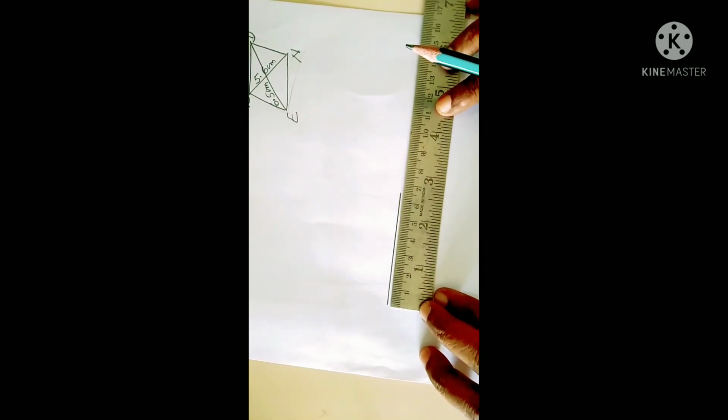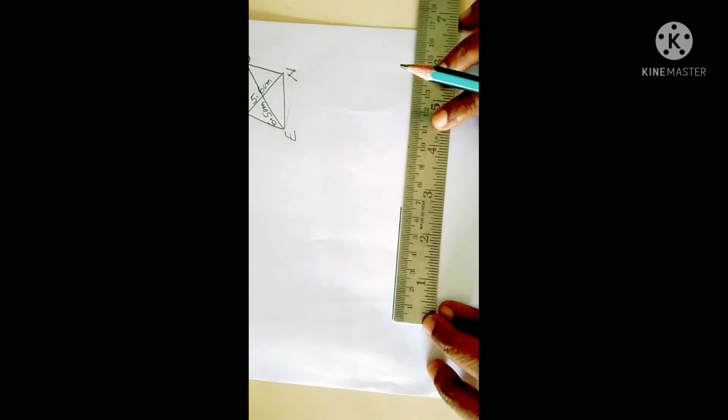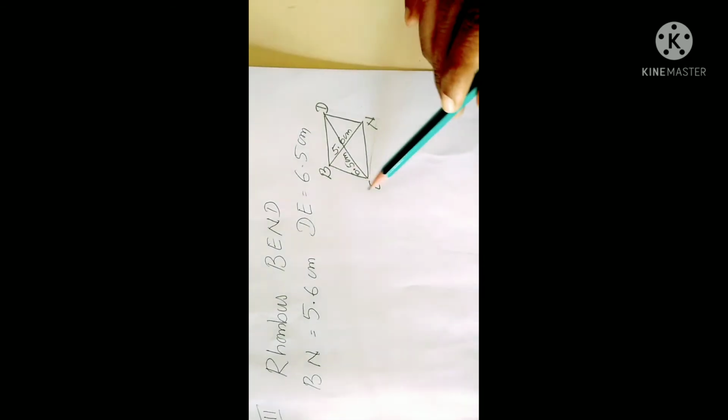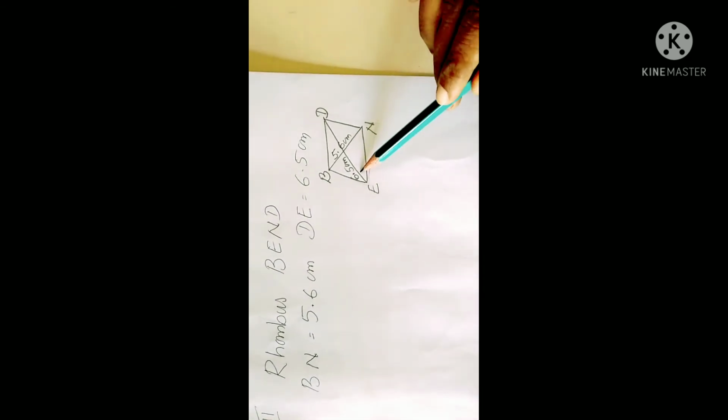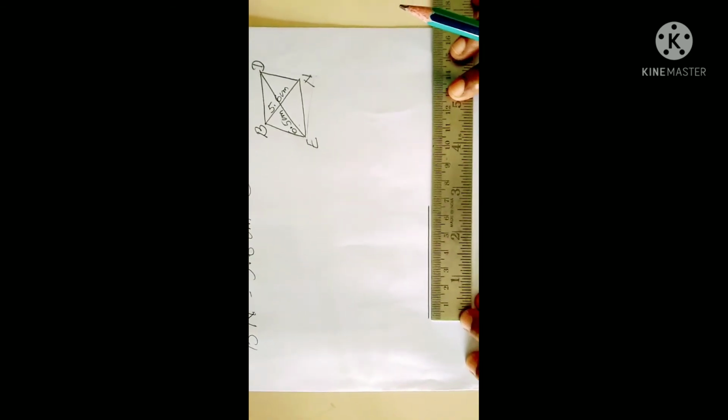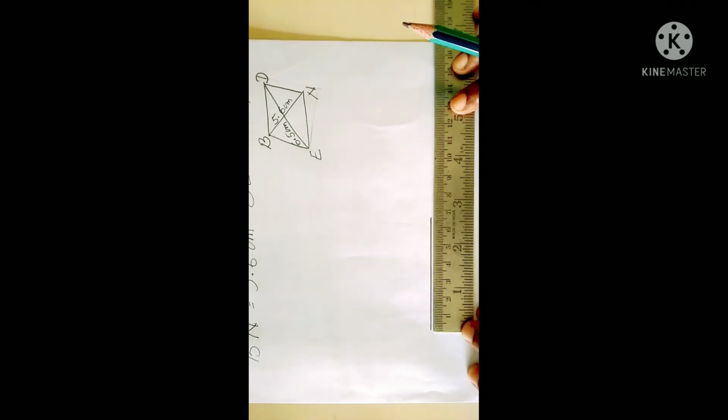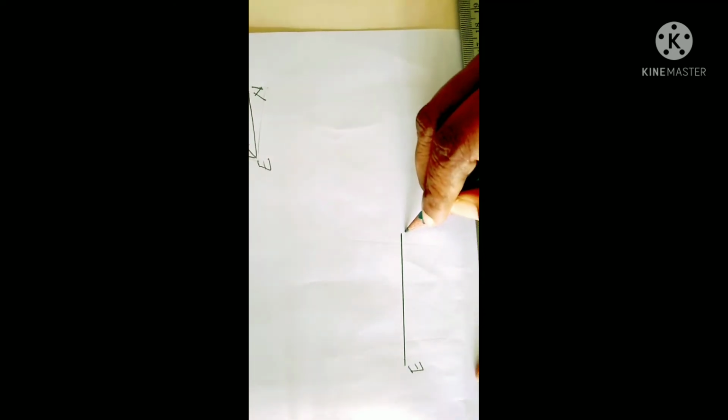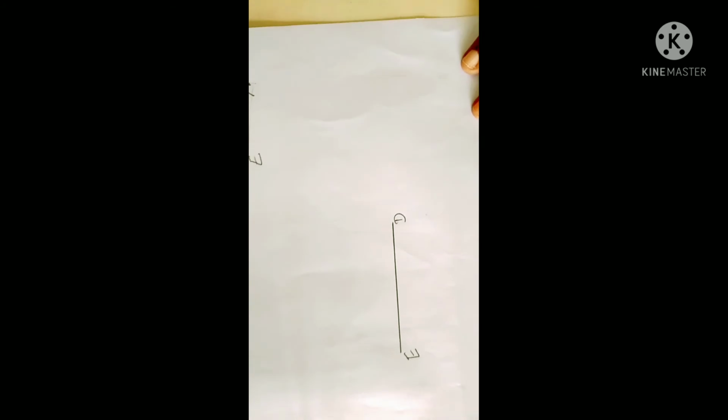What are the 2 diagonals given here? One is ED or DE 6.5 and BN 5.6. So, I have just drawn 6.5 centimeter, that is ED. Now, we know that the other diagonal will bisect it perpendicularly. So, what we will do?